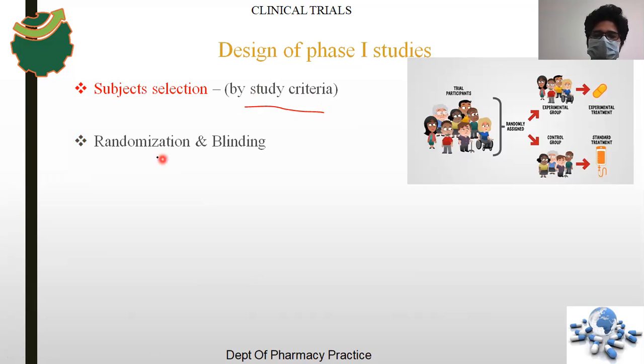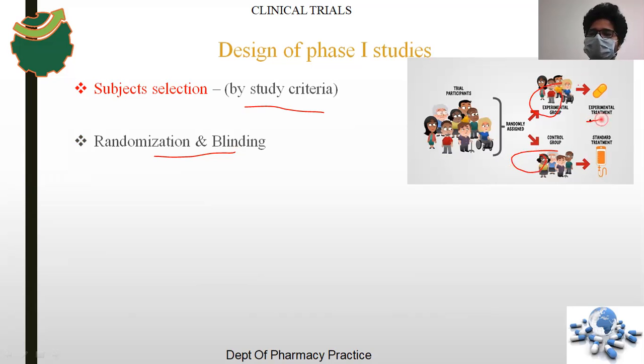Next one is randomization and blinding. Randomization and blinding, I think you already know. You are going to select a group of people, then randomly divide them into an experimental group and a control group.